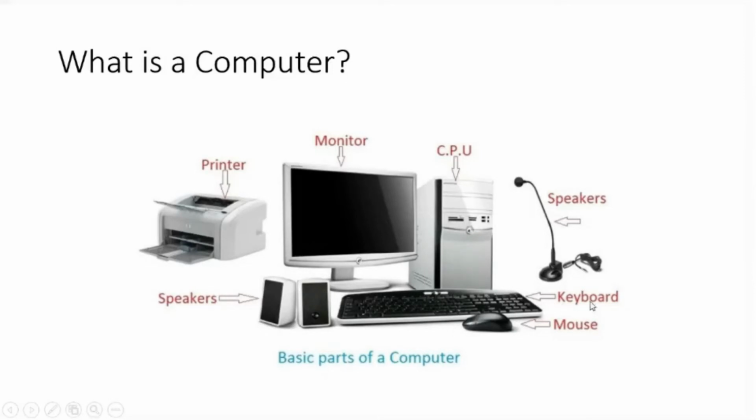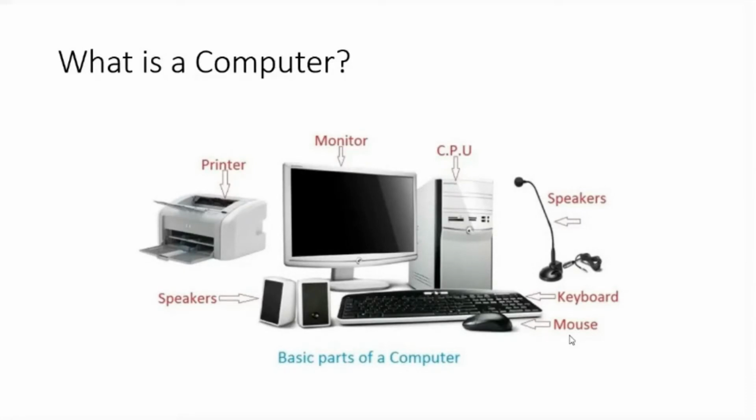The keyboard and the mouse are the main input devices that we use in almost all computers. There should be a keyboard and there should be a mouse. So the keyboard and mouse are the basic input devices.